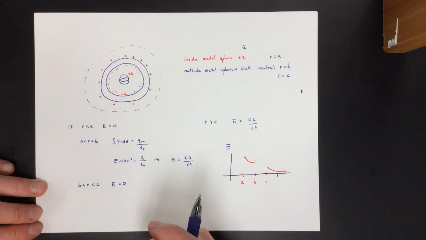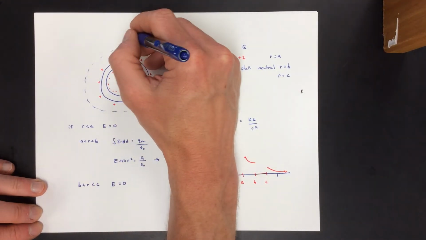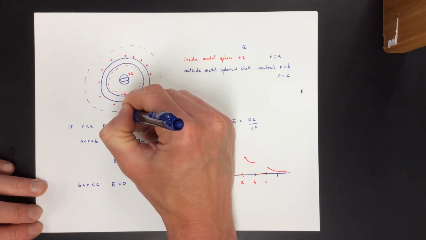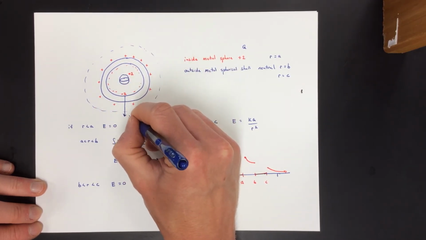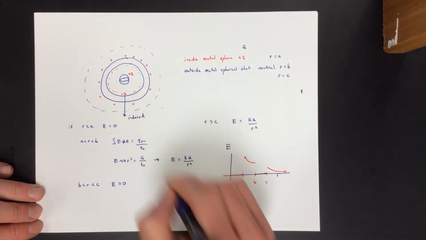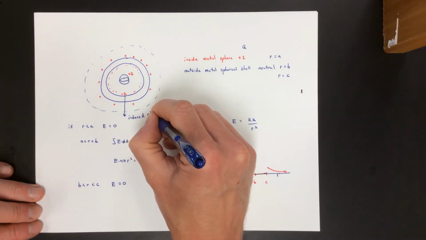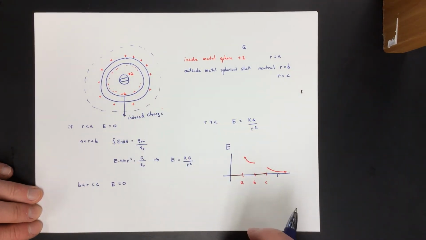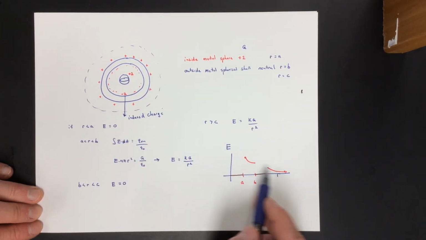So you can look at all these different regions. And we could have made this differently, but certainly you get some induced charge, they would talk about this negative charge here, right? This induced charge on the inside of that shell. And then you just got to think through this. There's actually 4 different regions of space here. 2 of them are just like point charges, and 2 of them the electric field is equal to 0.